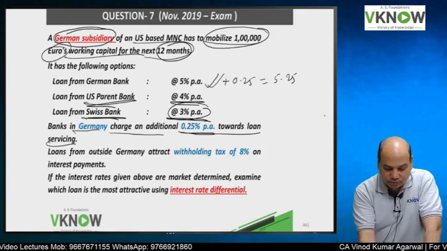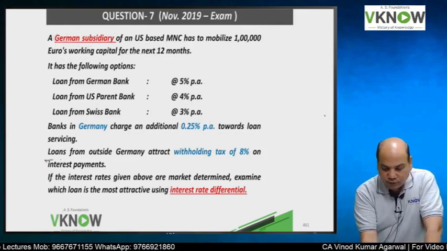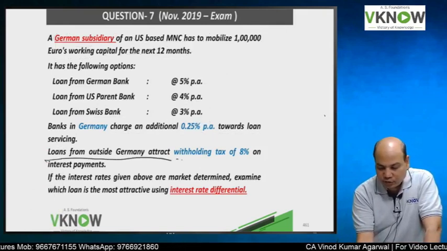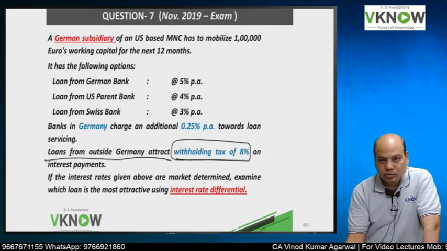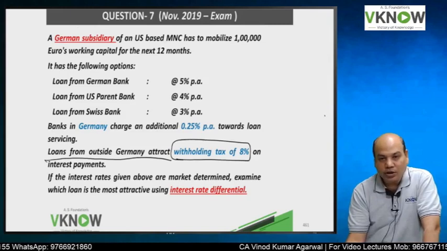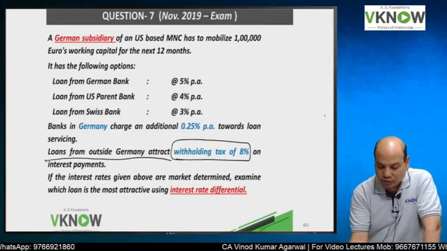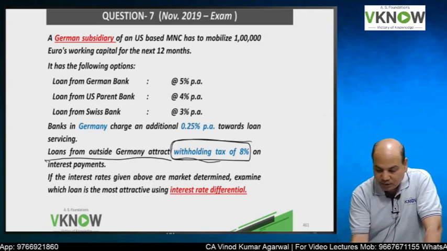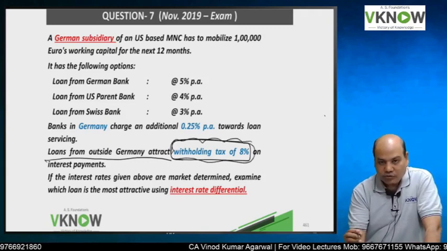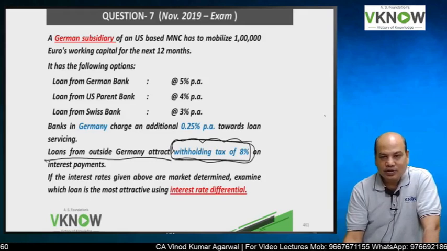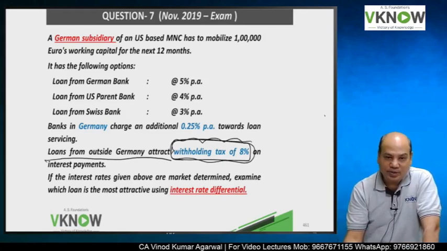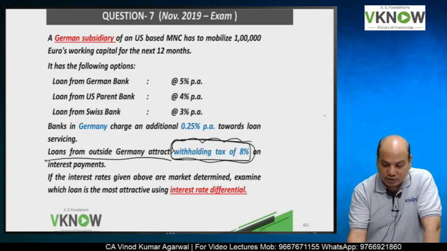There is one more problem. Loan from outside Germany will attract withholding tax of 8%. What is withholding tax? Whenever any payment is made to a foreign country, the domestic country will have to deduct 8%.